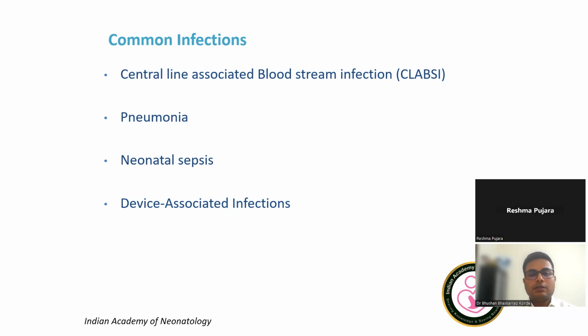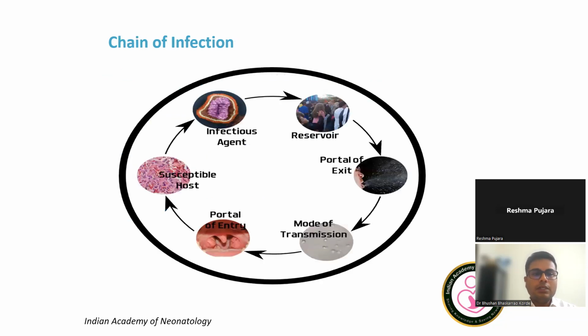These are very notorious infections and very difficult to control with antibiotics also. Pneumonia is also very common in newborns, as is neonatal sepsis, and the devices which we use in NICU can lead to infections in newborns.